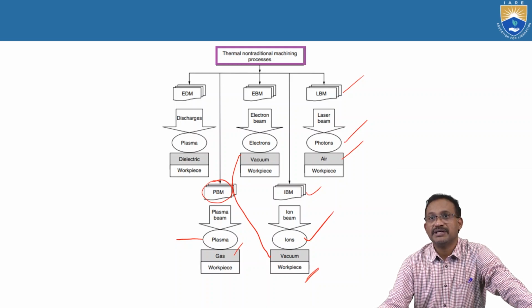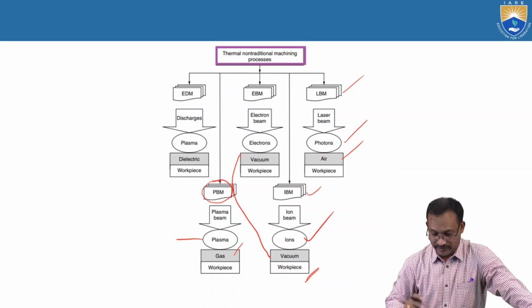In ion beam machining, the ions are the striking materials, and vacuum is the medium. So for EBM and IBM, the medium is vacuum, right?